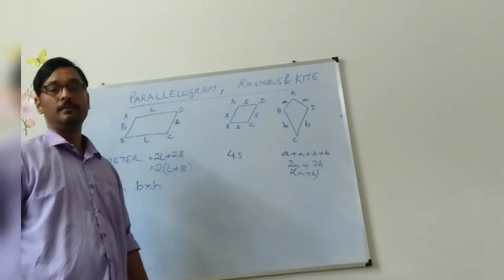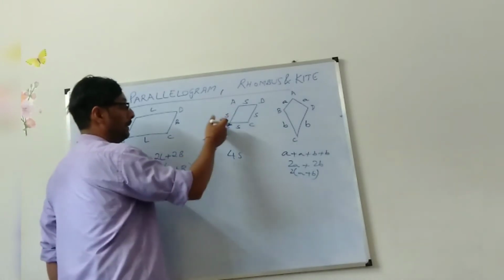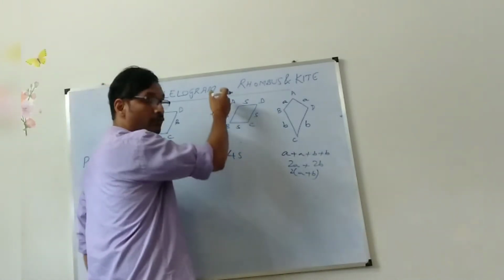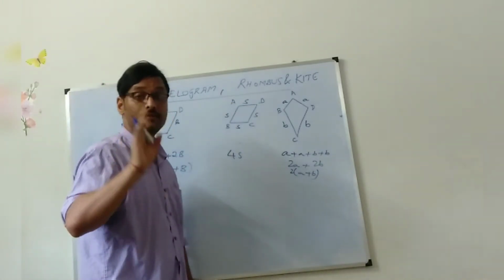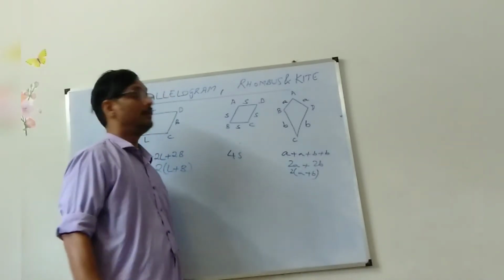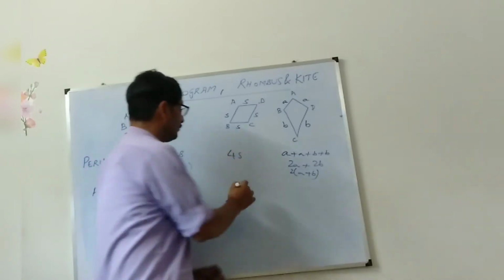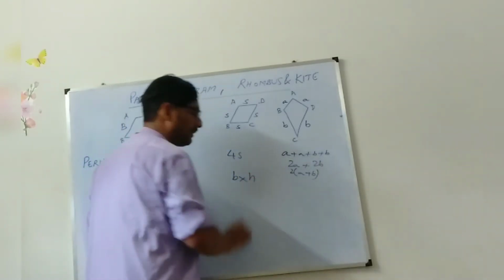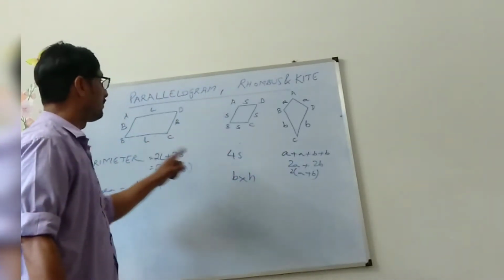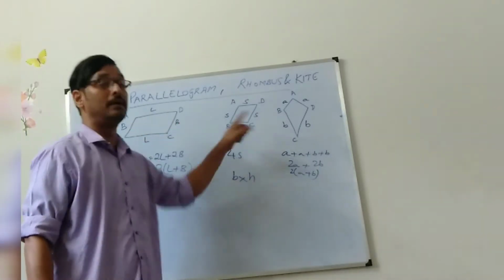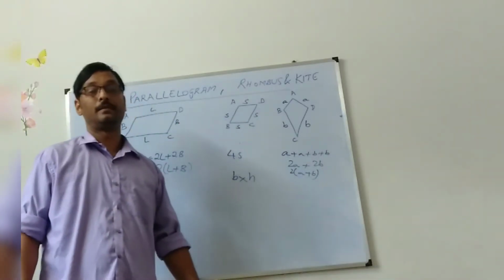Same thing here also, base, but there is no height. When there is no height, because there is no 90 degree, you need to stick with base into height. So your first formula of parallelogram and rhombus is base into height.